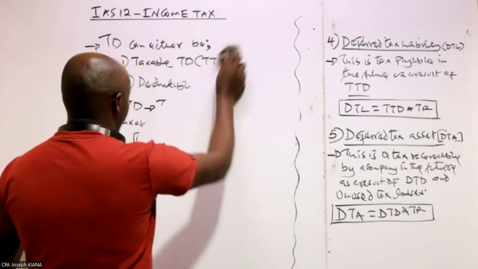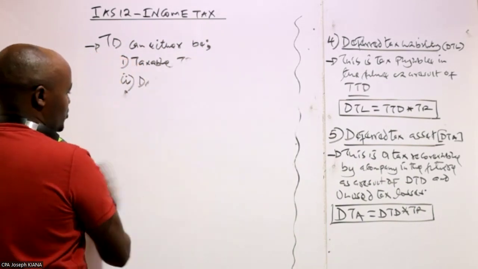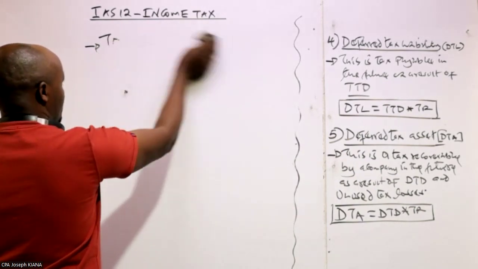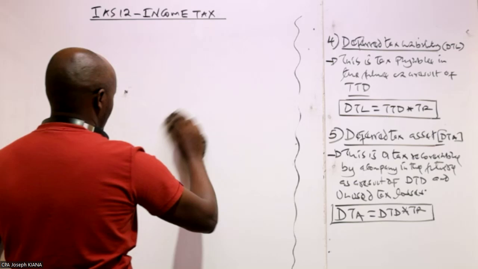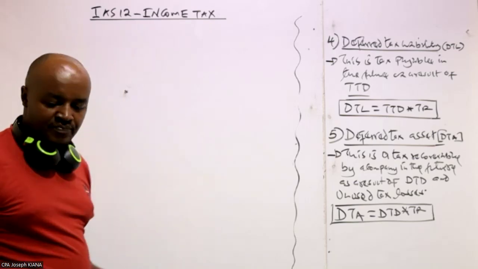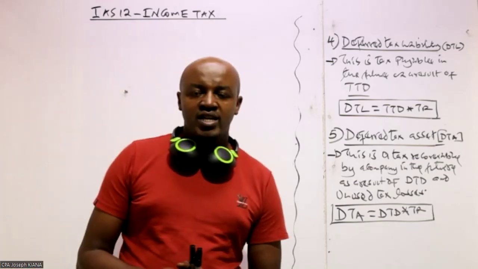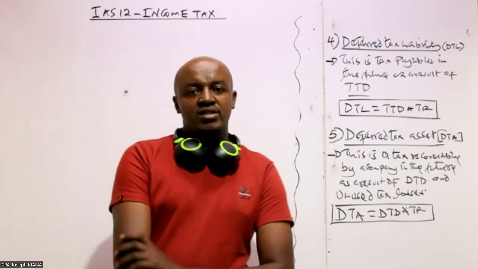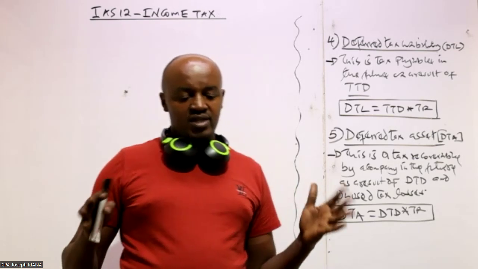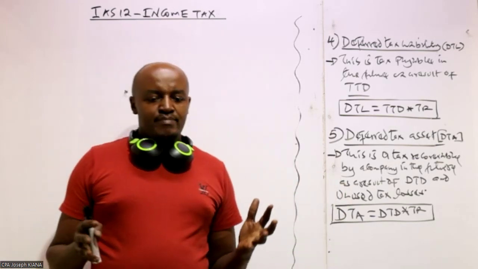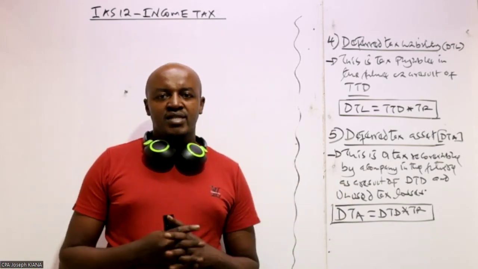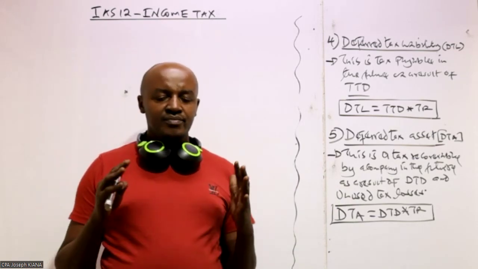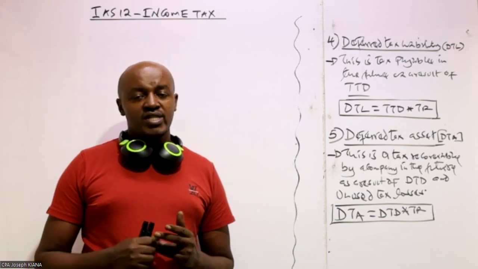So therefore, those are some of the terms which you must be in a position to define. You may be required to define some of those in an exam setup, but it is also important for you to know them because anytime you're required to compute the deferred tax, that particular knowledge is important. Then, whenever a business entity is determining the amount of deferred tax, there are two approaches which can be used.